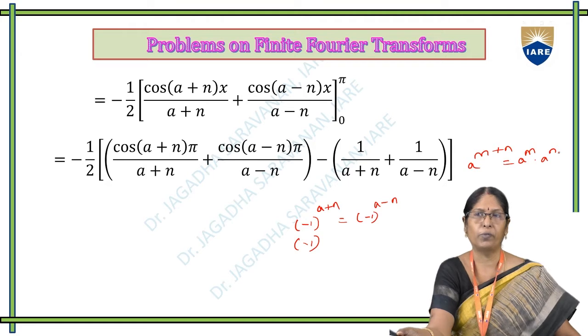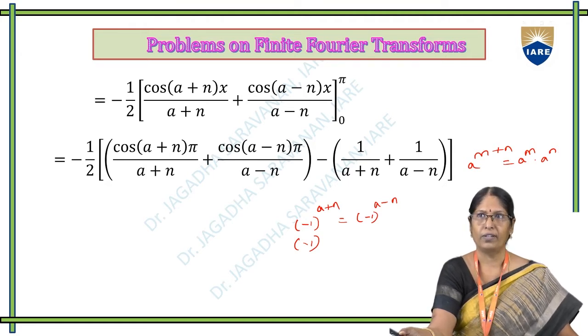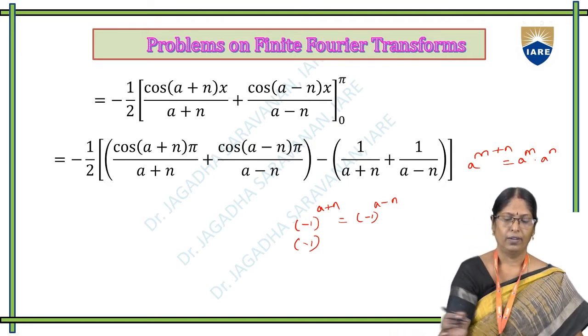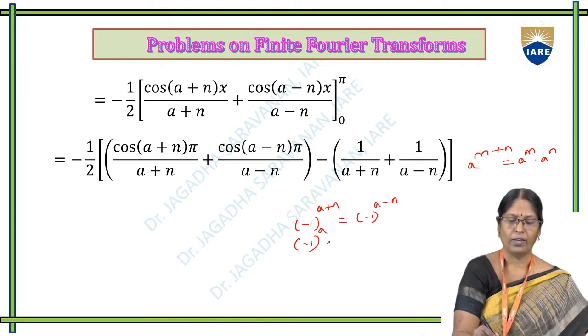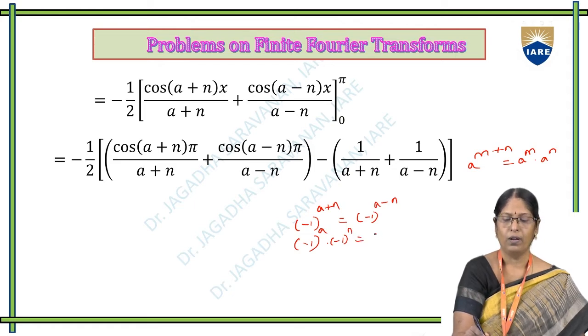This is a small exponential law we studied in lower classes. So using this formula, minus 1 power a into minus 1 power n is equal to minus 1 power a into minus 1 power minus n. This gets cancelled. Minus 1 power n equals minus 1 power minus n.